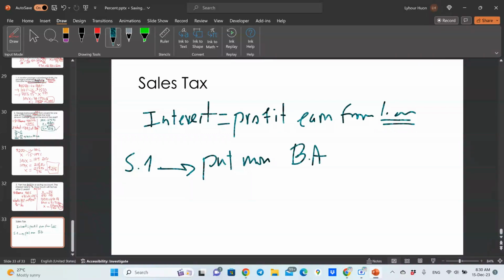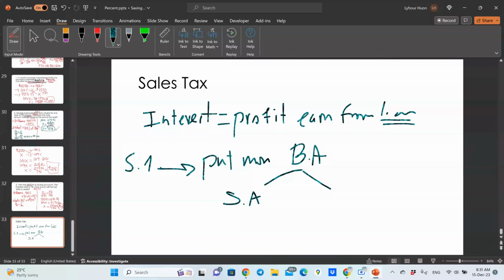Scenario two, we take a loan from the bank.